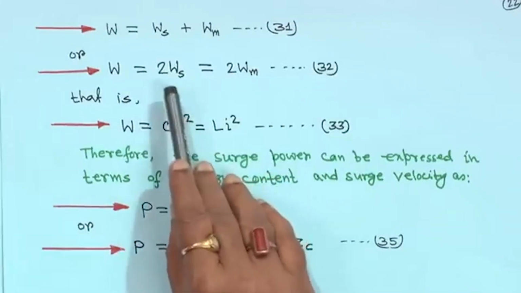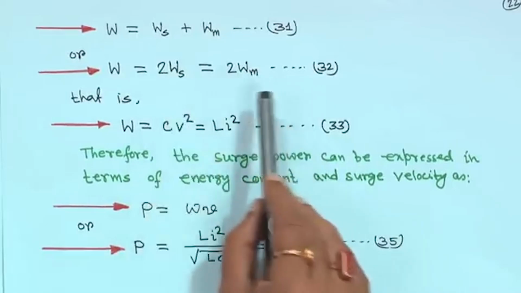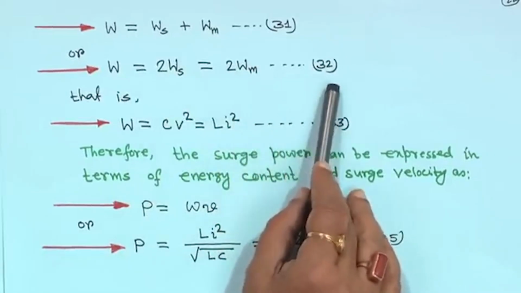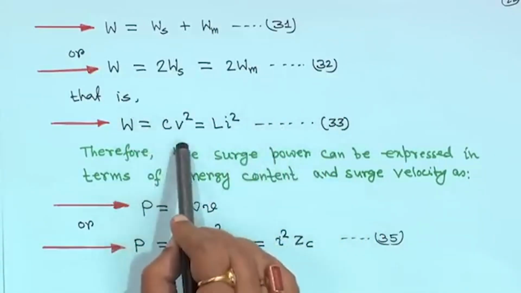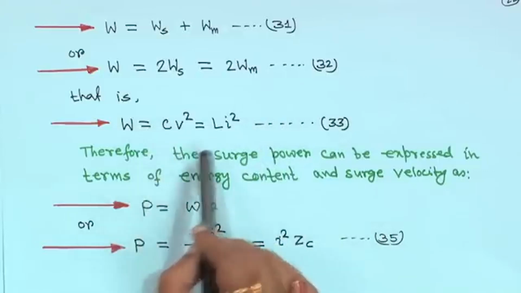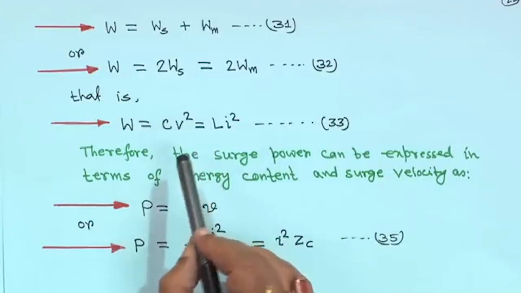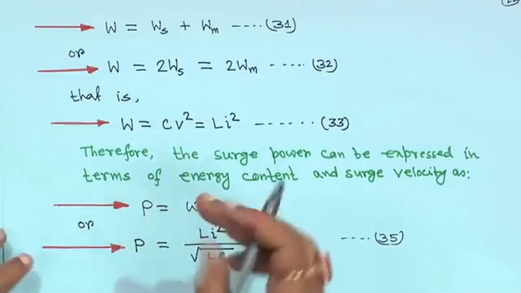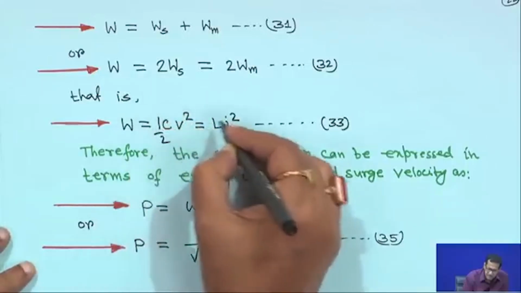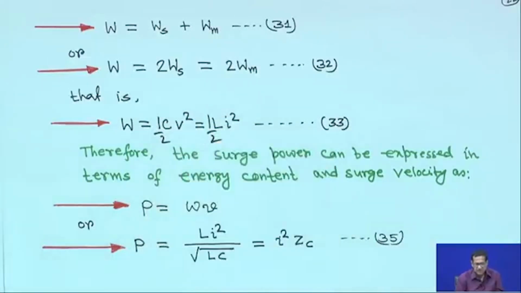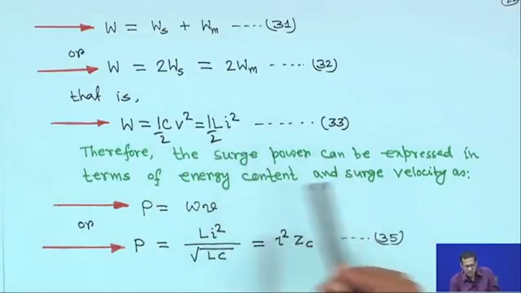So we can write either W = 2 Ws or W = 2 Wm. This is equation 32. Now, half C v square is equal to half L i square. That means we can write W = half C v square + half L i square. If it is so, you can find out the surge impedance.